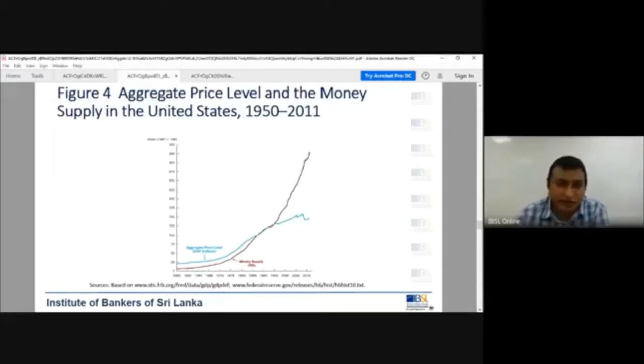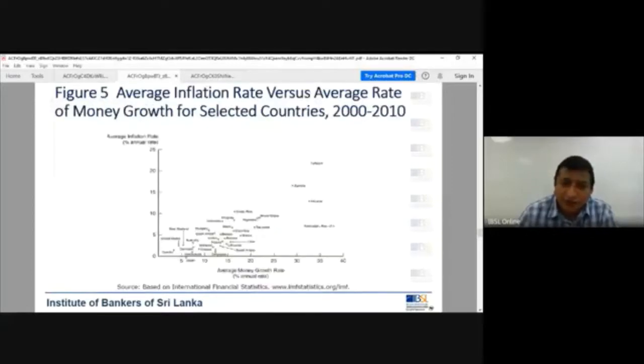And again, this chart also highlights the details in terms of how money supply and aggregate price level, presented in terms of the GDP deflator, explain the general details. And then some relationship across different countries during the period of 2000 to 2010. You can see some countries that had higher money supply growth had higher inflation numbers.